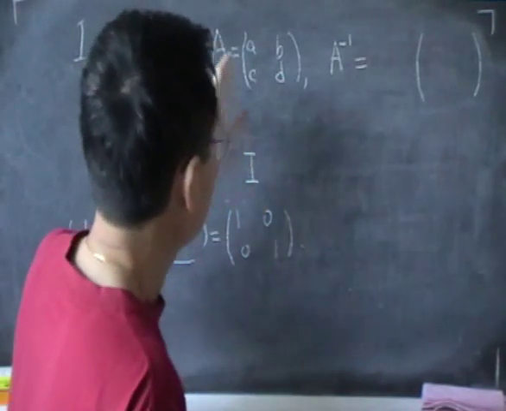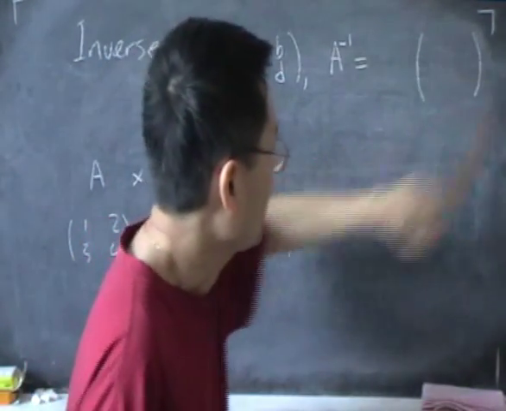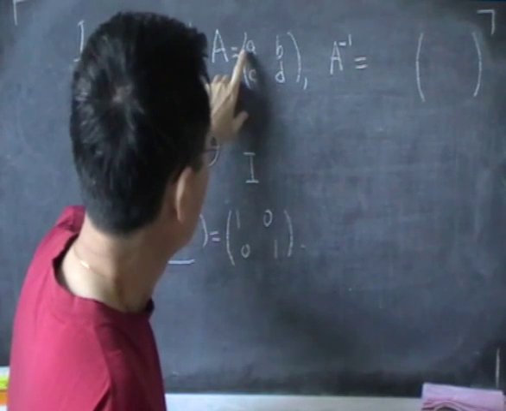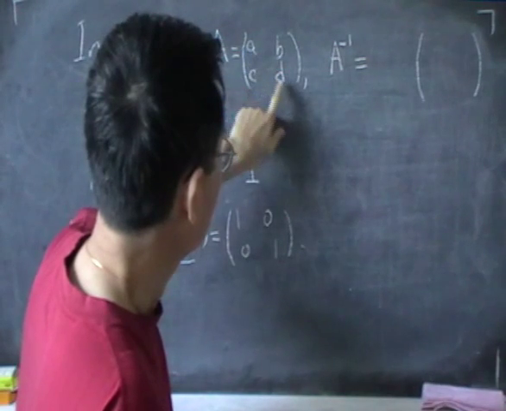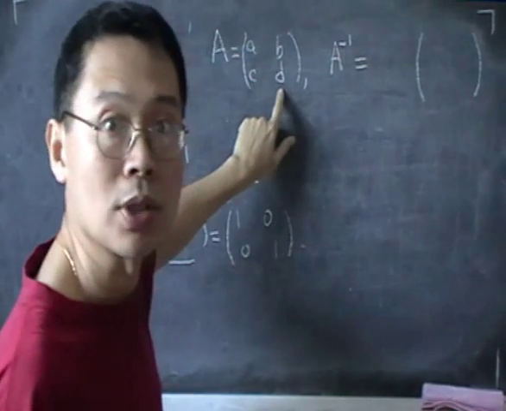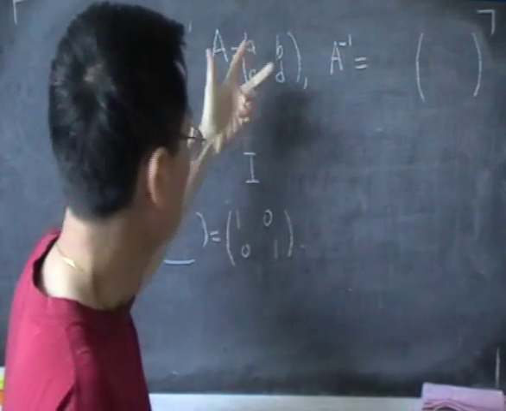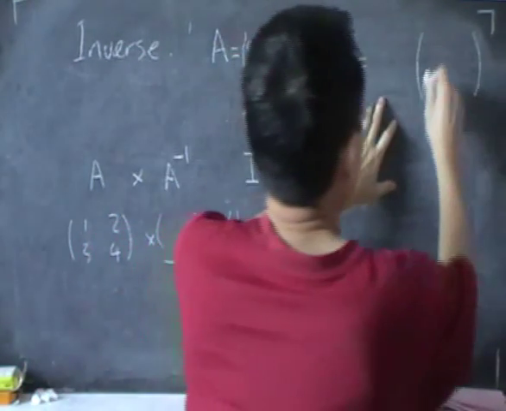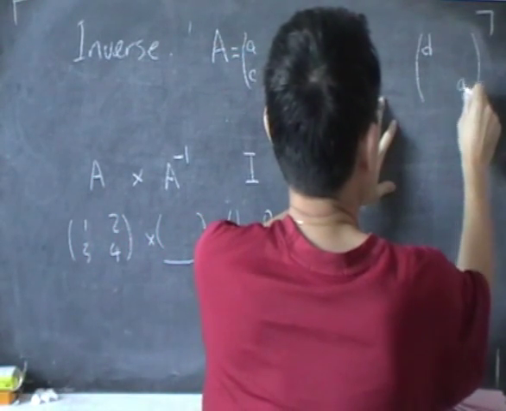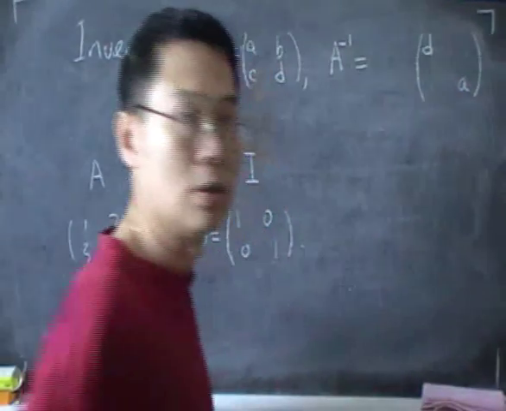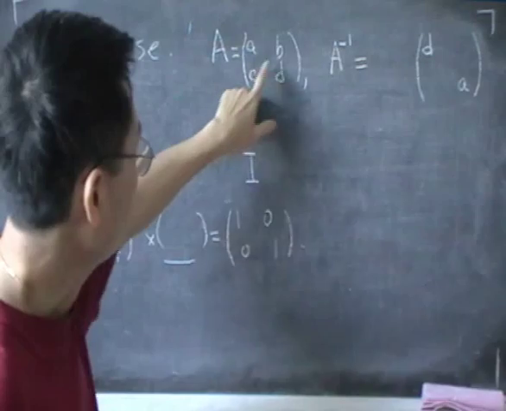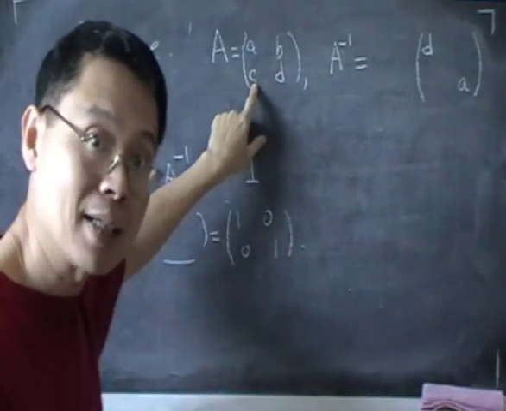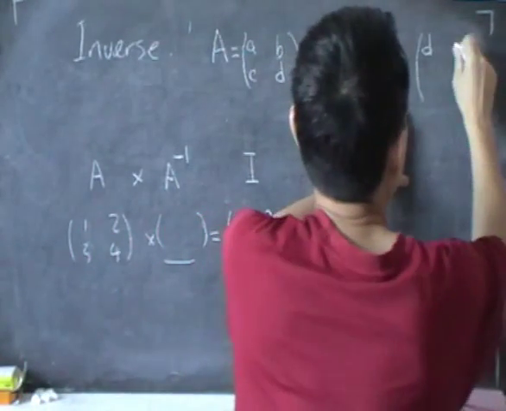So first, we write down these brackets for the matrix, and you need to take the 2 numbers along the diagonal, A and D, and swap them around so that we have D, A here. And then for the numbers B and C, you need to add negative signs to them.